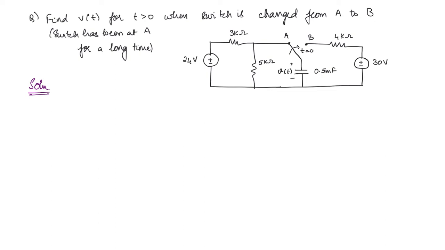So what is the first step here? Step 1: just write the generalized expression for the capacitor voltage. V of t is the final value, here we will take it as V only, because it is given as V of t, not Vc of t, plus the initial value minus the final value into e to the power minus t by tau.